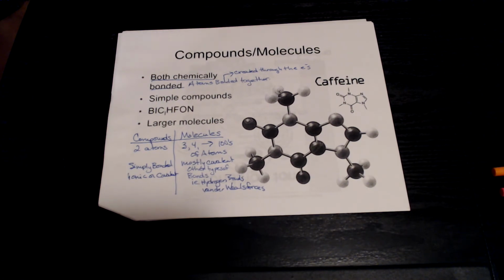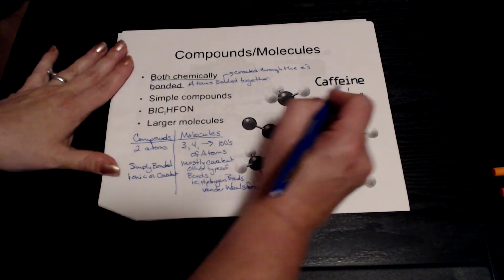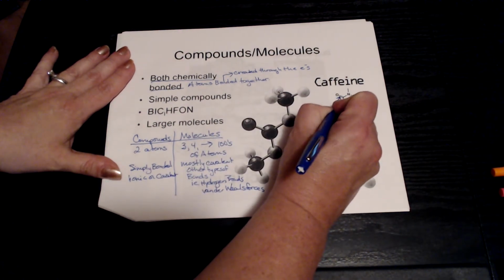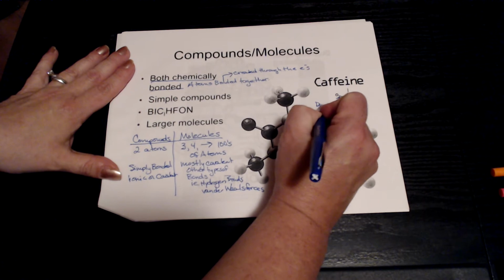Okay, so what we have actually pictured there is one of those bigger molecules. That happens to be the molecular diagram of caffeine in your notes there. And as you can see, there's some nitrogens involved, there's an oxygen or two involved, there's double lines. When you see a double line, it represents a double bond. So this here is a double bond.